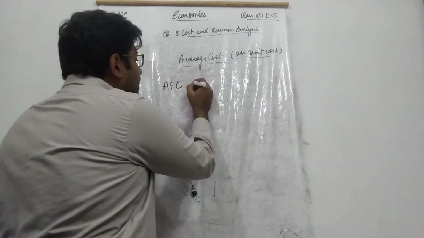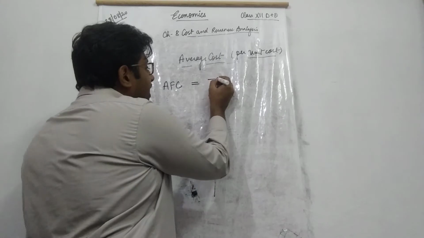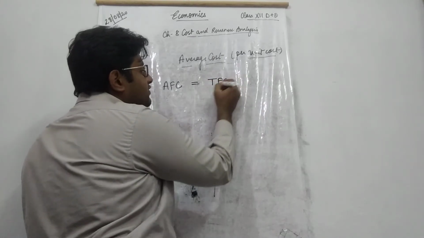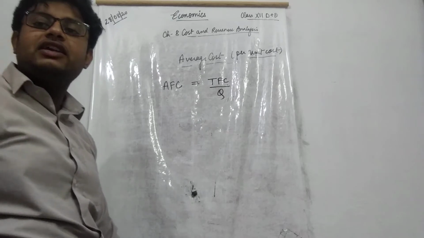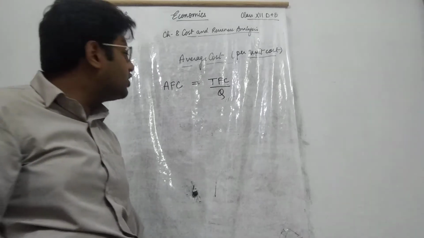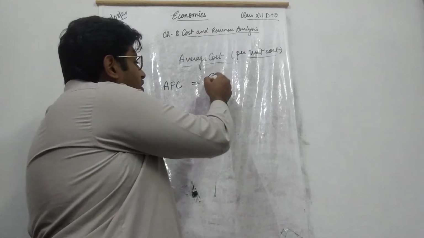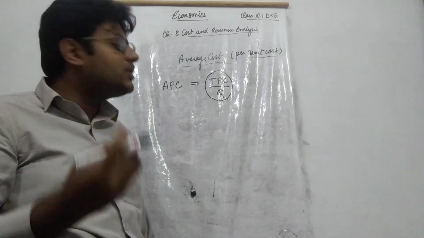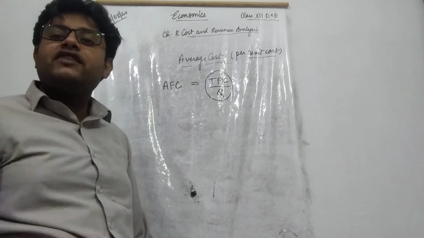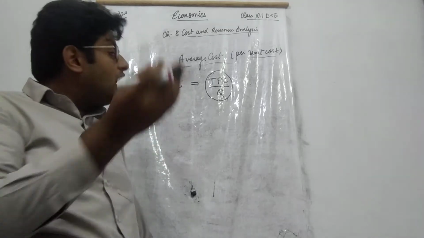how can we calculate average fixed cost? I will divide my total fixed cost by the level of output. That means TFC divided by the level of output will become my average fixed cost. It will show how much total fixed cost a producer has to incur per unit.